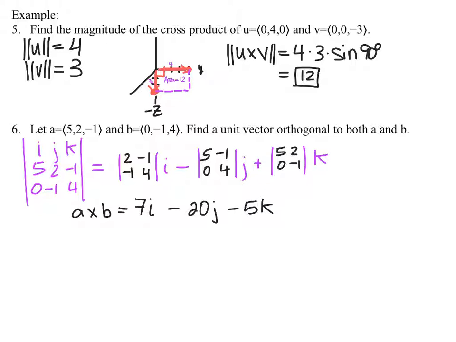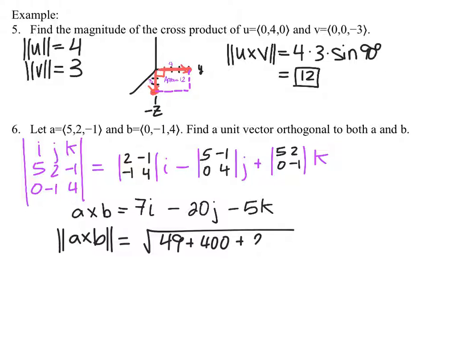All right, but this one's a little weird because it's not saying find a vector orthogonal, it's saying find a unit vector orthogonal. All right, so what I need is the magnitude of A cross B. So 49 plus 400, so I'm squaring each, plus 25. So 474.